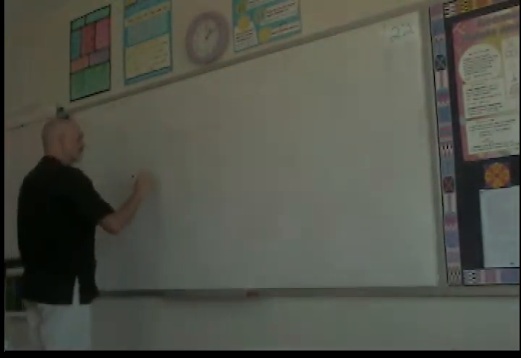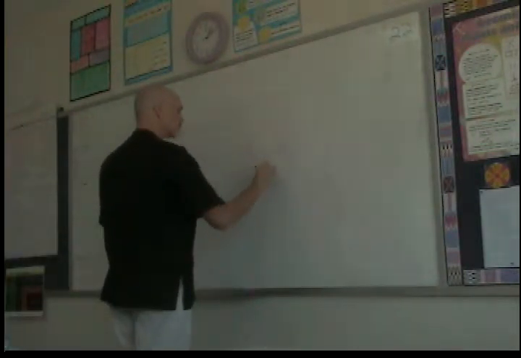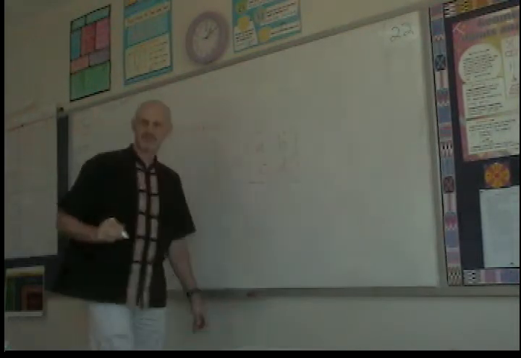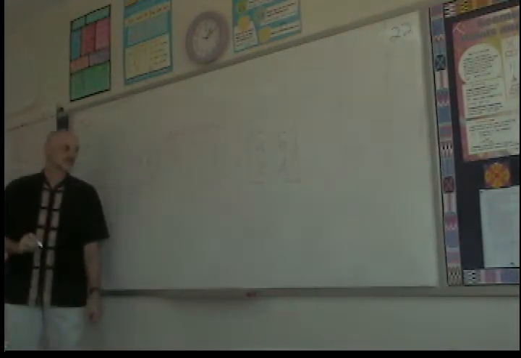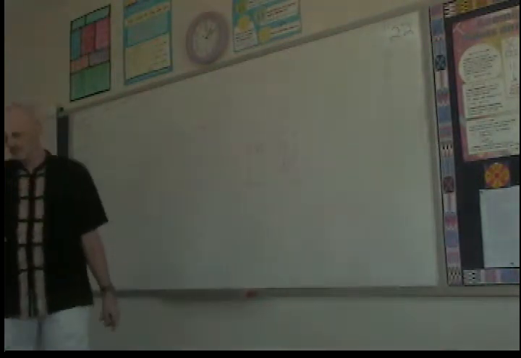A, B, C, D. What are we going to get out on the other side? A, B, C, D, right. We're going to get the same thing. That's all that's saying.